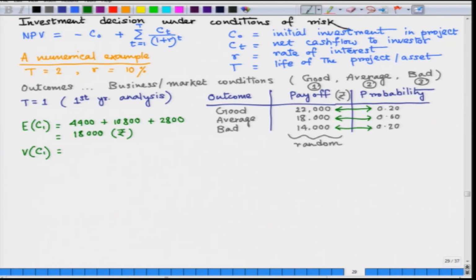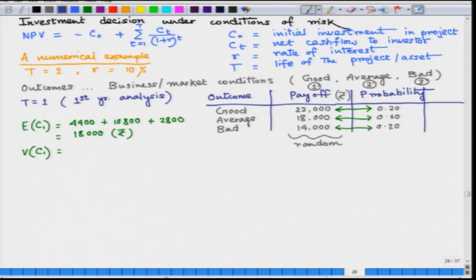so for variance what we need to do? We need to create another column to show the calculations, so that you understand it fully.